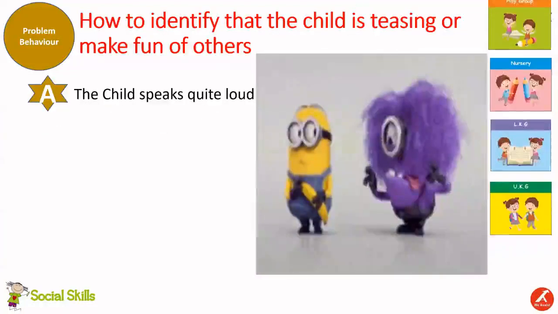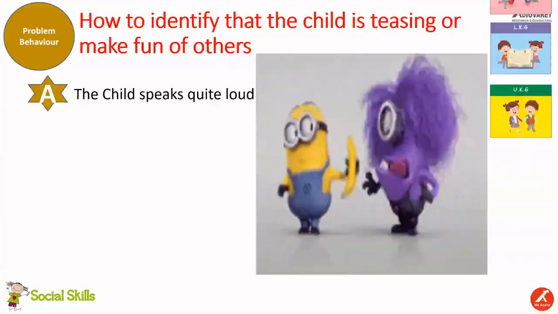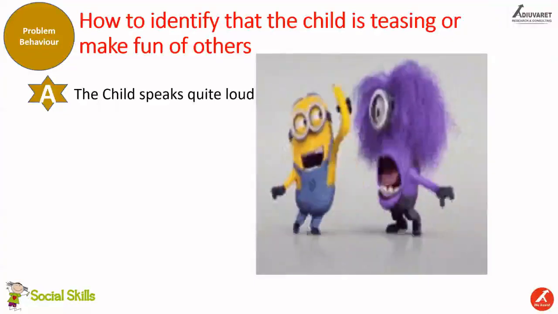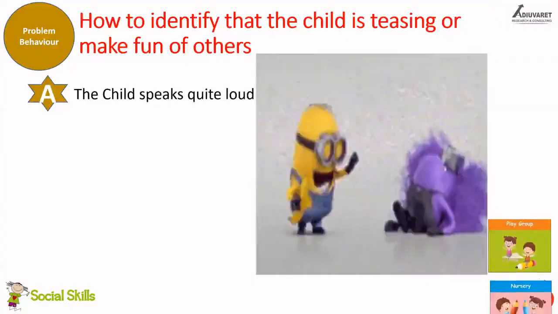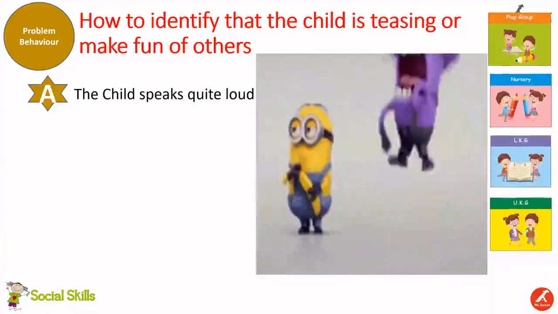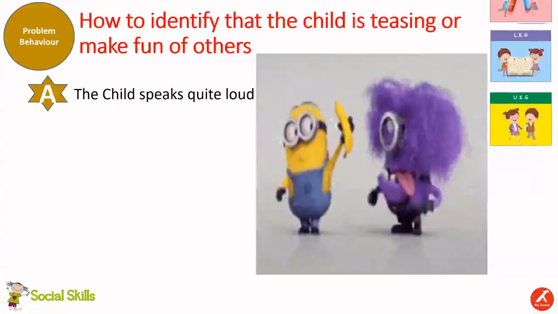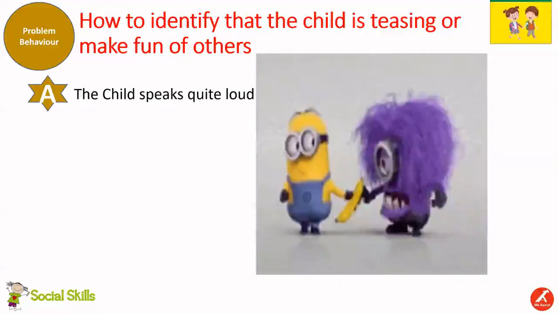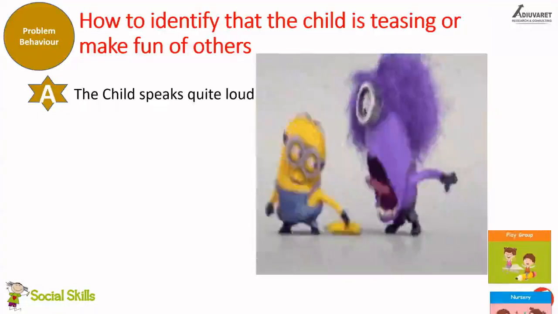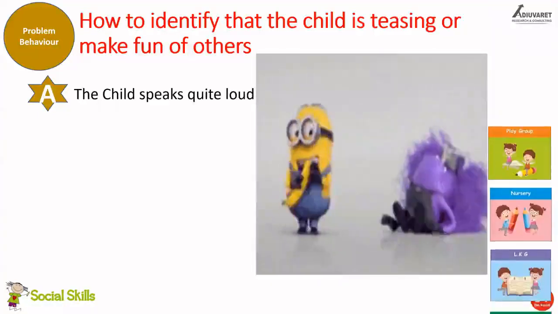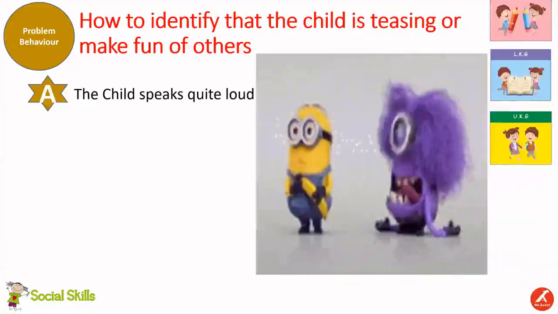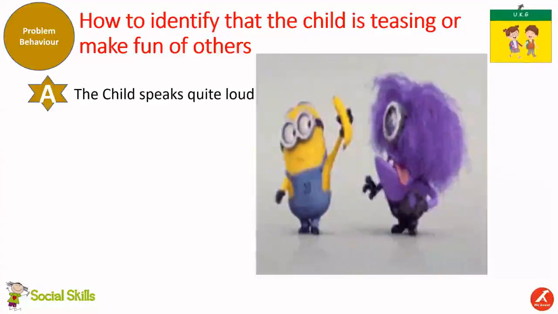Number one is a very common thing: if a child speaks in a very loud and irritating voice, then that shows the child may develop such behavioral issues of teasing others. If a child is very calm, very quiet and speaks in a very normal voice, that means the child will not develop such behavior.